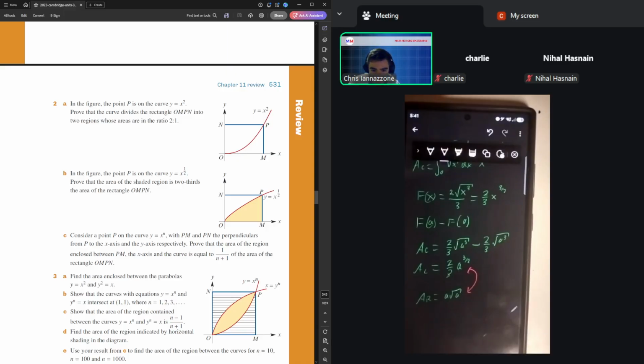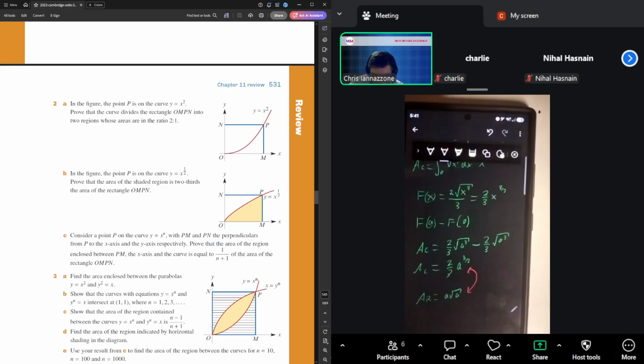There's a couple of ways you could go about it. Either making the a root a look more like the other area formula, or rewriting the index to look more like the rectangle one. Both is perfectly valid. Can anyone suggest a way that we could do either of those?